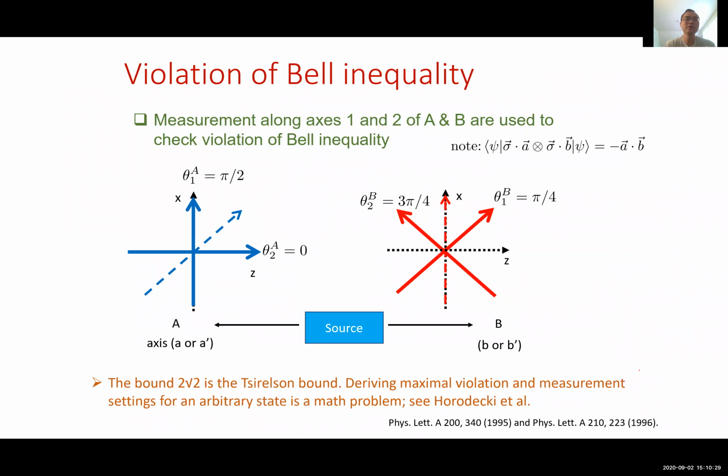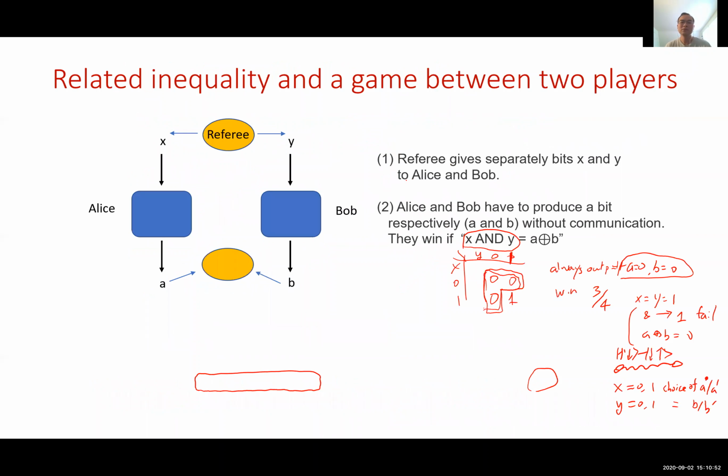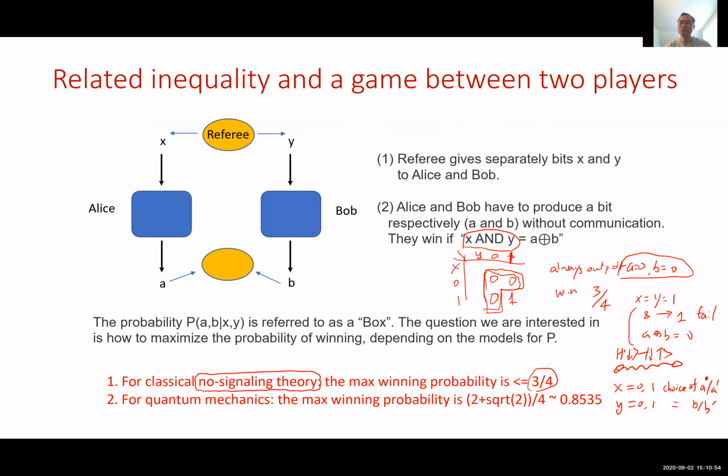If x equal to 0, you choose this. If x equal to 1, you choose this. If y equal to 0, you choose this, and y equal to 1, you choose that. You perform the measurement, and if you get +1, you output bit 0.